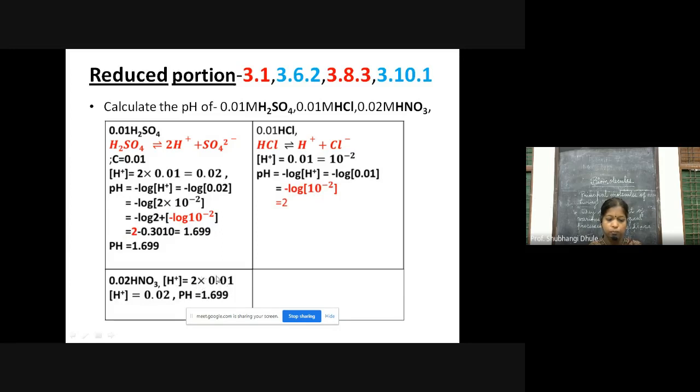This step is wrong, so H plus ion concentration is simply 0.02, and pH, which we have calculated for 0.02, is similar, 1.699. If it is 0.02, pH is 1.699, it is definite, it is fixed. So some values are fixed. You should know the log of 2 and log of 3 also.